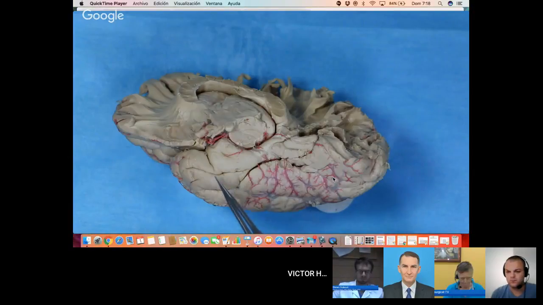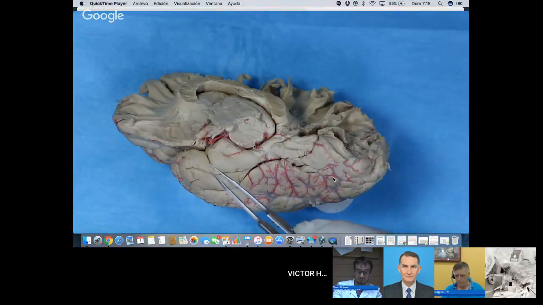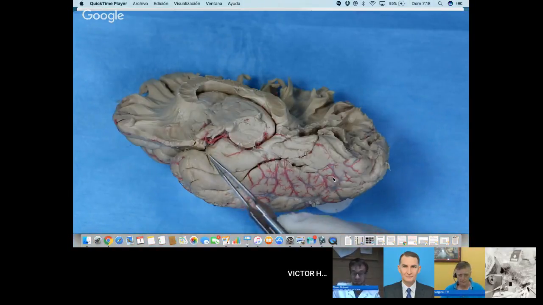That is a collateral sulcus. The anterior extension of the collateral sulcus toward the temporal pole is the rhinal sulcus.